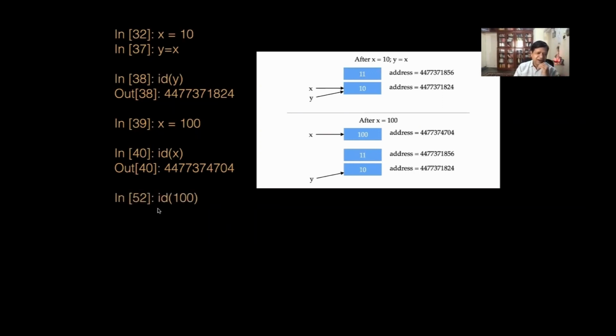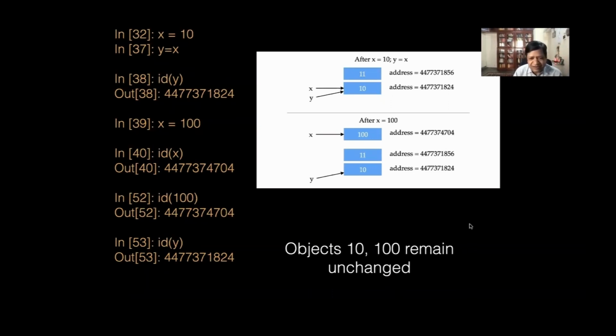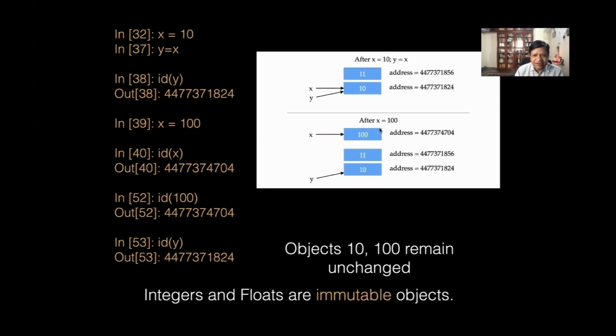And so the ID of 100 and the ID of x are the same. What about the ID of y? The ID of y is the same as before. It remains the same. So y has not been changed. So y is pointing to 10. So objects 10 and 100 remain unchanged. So you see, once I create an object, it is not destroyed.